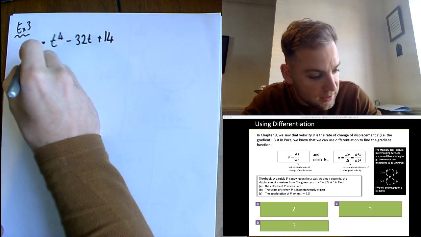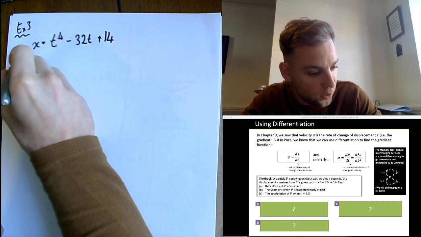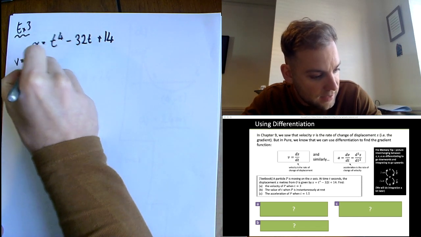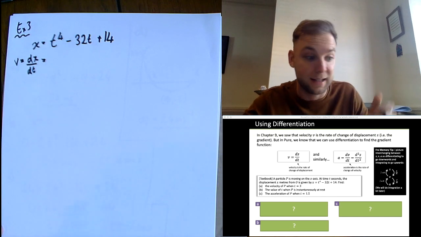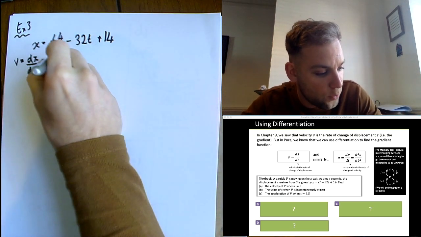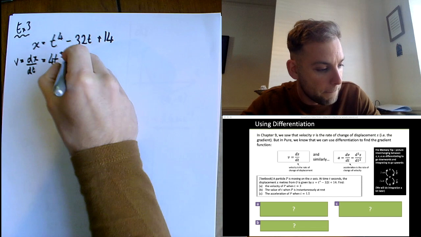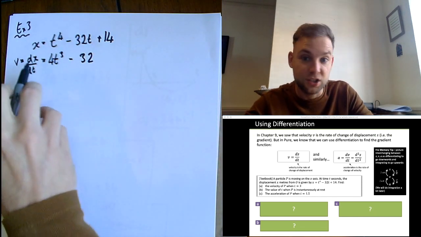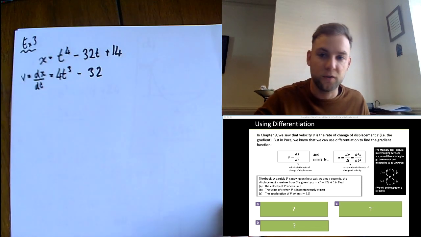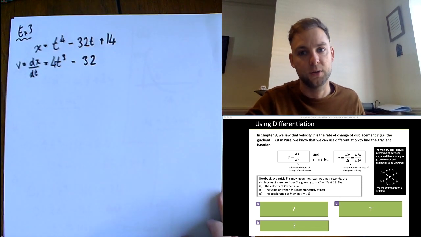Now to work out the velocity, I know that the velocity is equal to dx by dt. So I'm differentiating this with respect to t, and that's going to be equal to 4t to the power of 3 minus 32. So my velocity, the change in displacement over time, is equal to 4t cubed minus 32.